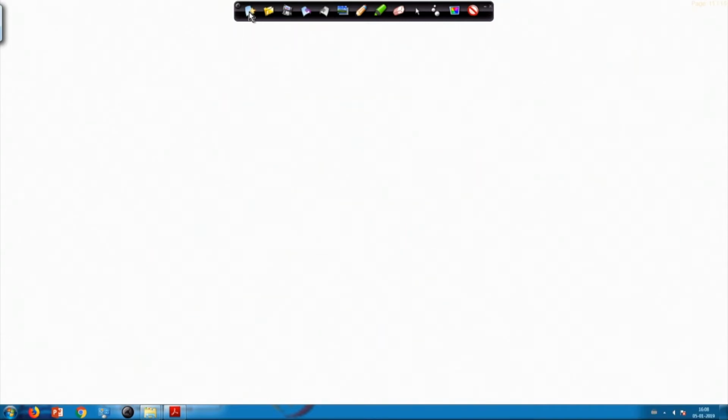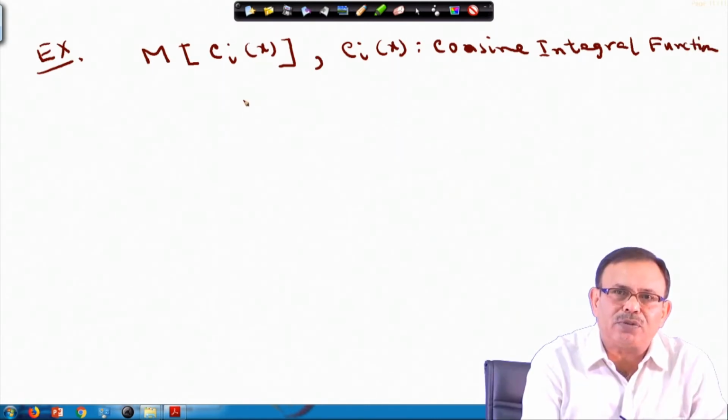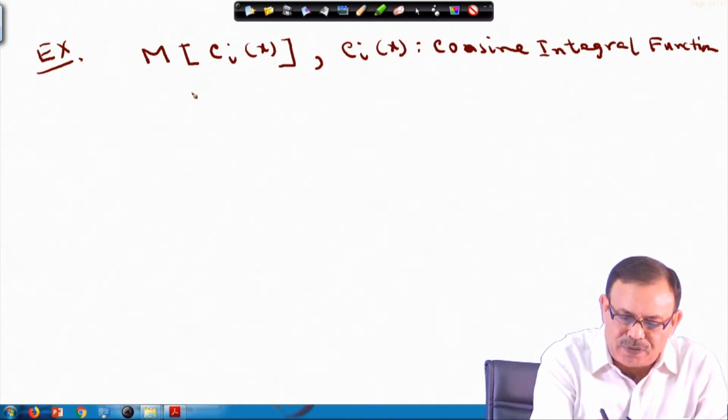Now, let us take another useful function. We want to find the Mellin transform of CI x, where CI x is the cosine integral function.